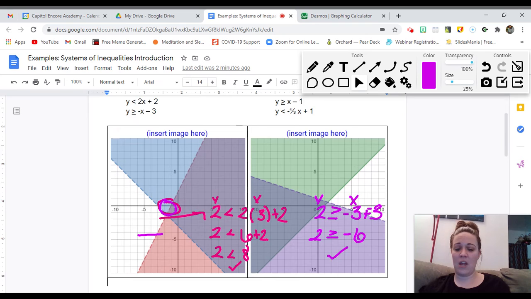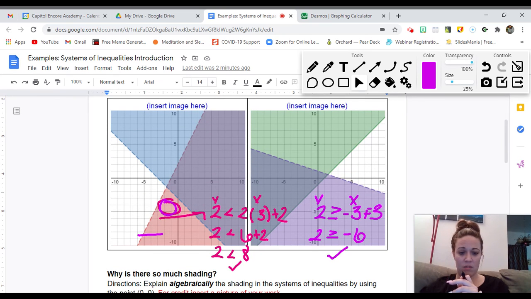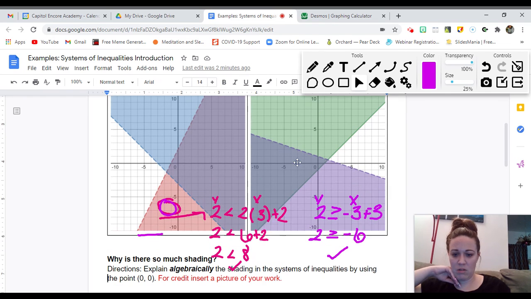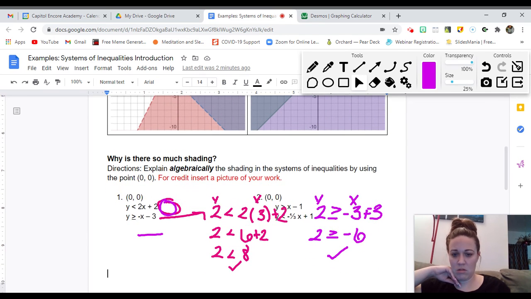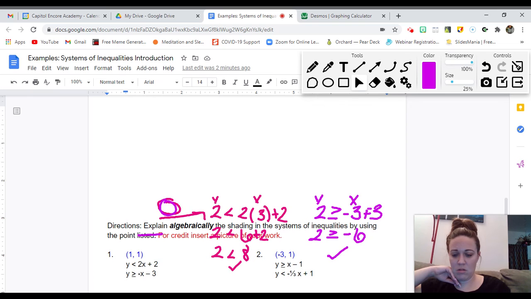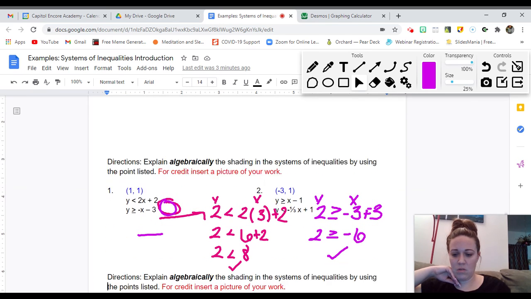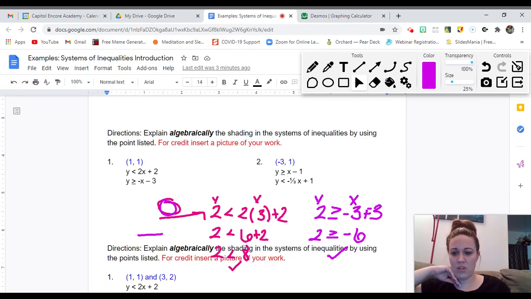And why they were in the area that was double shaded, okay? So I hope this video has helped you. Again, my point was 3, 2.